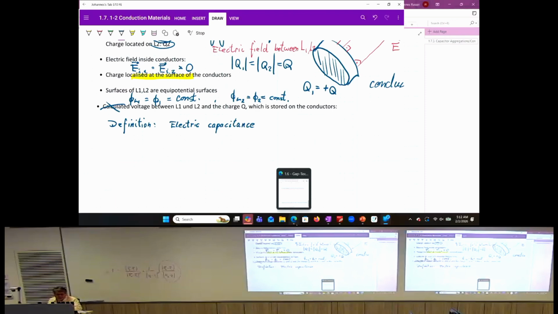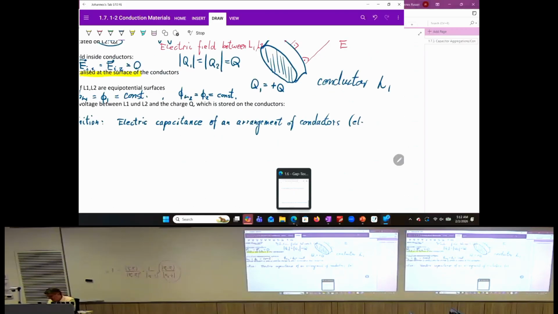You can apply this voltage. You can do a charging of these two conductors, and then you can remove the wires that you use to bring on the charge, and then this charge will be held by these two conductors, and the voltage also will sustain. These can also be named electrodes.